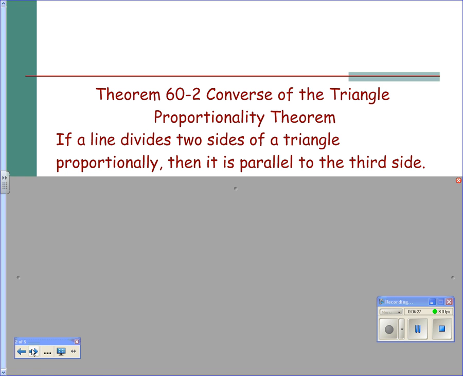Looking at the next theorem, it's the converse of the triangle proportionality theorem. If a line divides two sides of a triangle proportionally, then it is parallel to the third side.